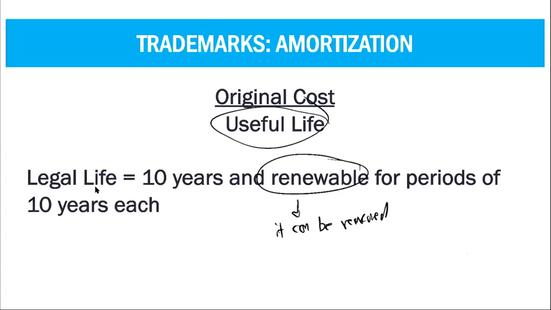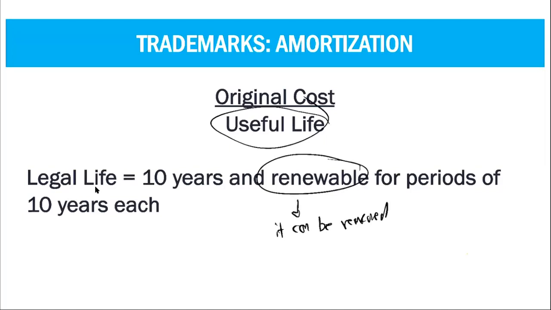Why? Because again, guys, since it can be renewed, you do not know how many times you will renew. So you do not know if ever it will be renewed perpetually. Hence, you cannot estimate the actual legal life.